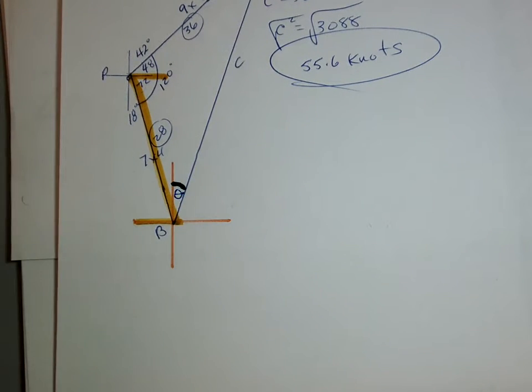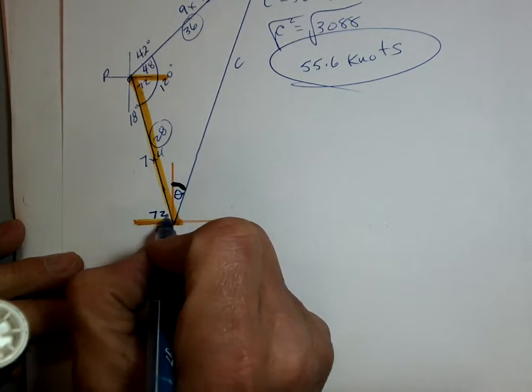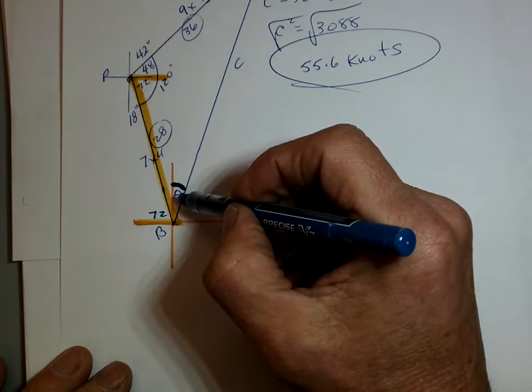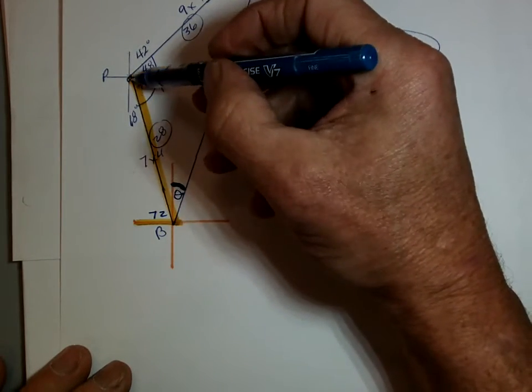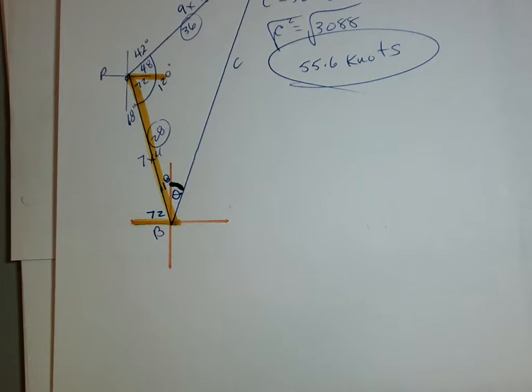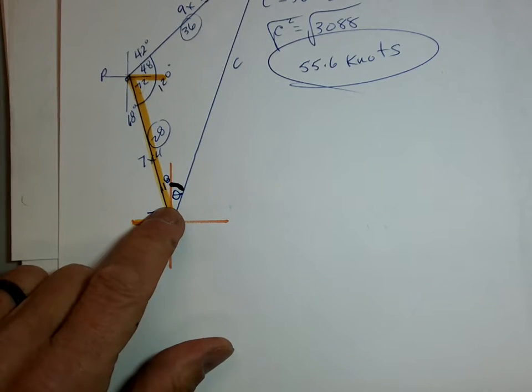Okay. So this angle is 72 degrees, okay? Which means this angle here has to be 18. In fact, you can see that same 18 there, okay?